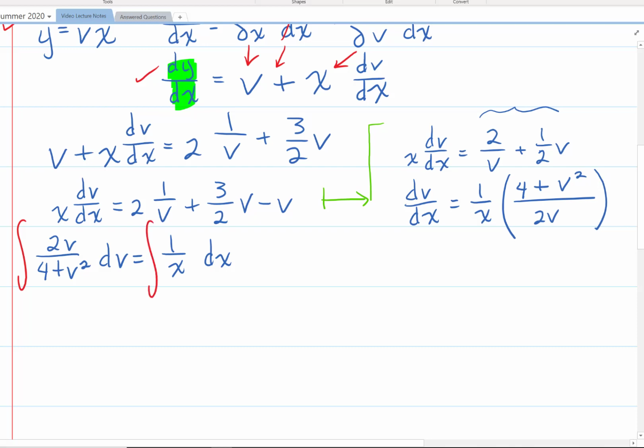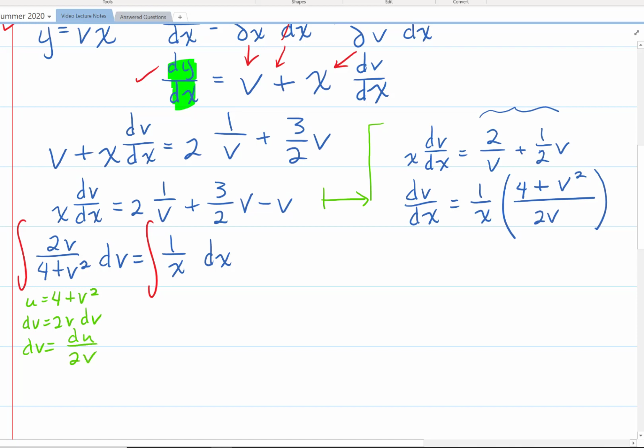Now this left-hand side, it looks like we can integrate using u substitution with u equal to 4 plus v squared. So that means du is equal to 2v dv, or dv is equal to du over 2v.